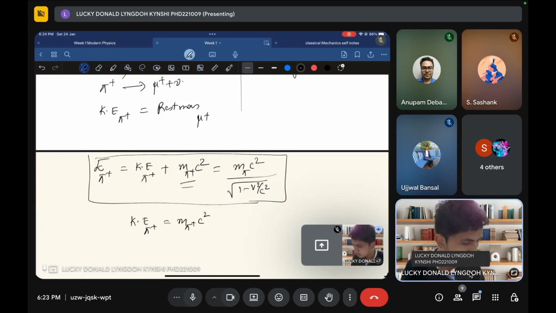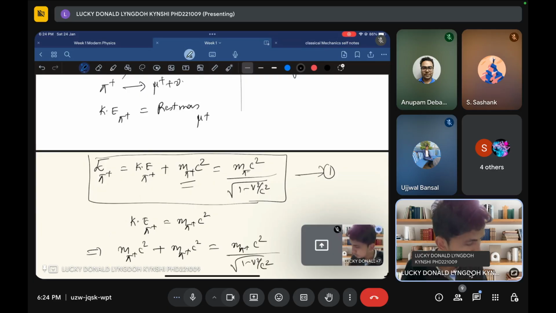Now equation 1 becomes: kinetic energy replaced with m pi c square, plus m pi c square, is equal to m pi c square by root over of 1 minus v square by c square.